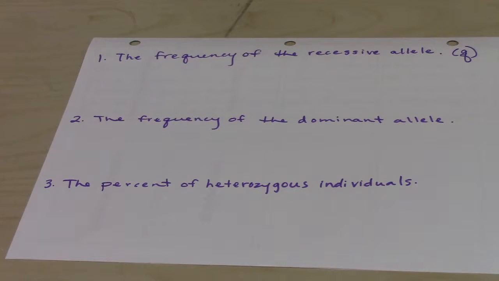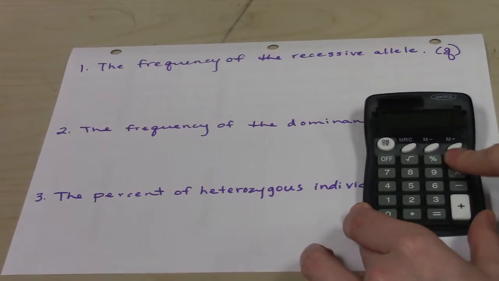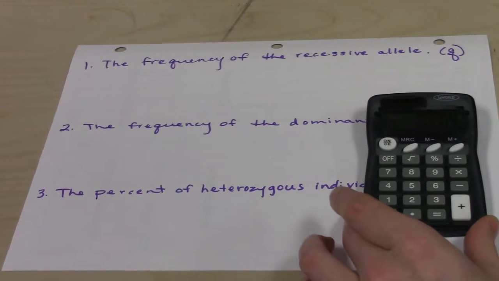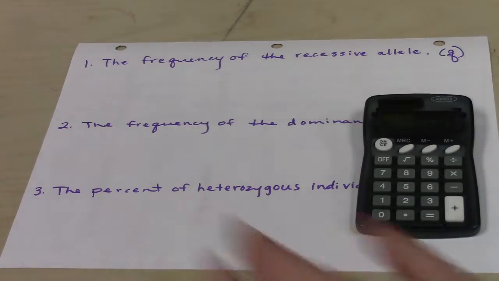The problem told us that 1 in 2,500 births have cystic fibrosis, so 1 divided by 2,500 equals 0.0004, which is the homozygous recessive genotype, also Q squared.